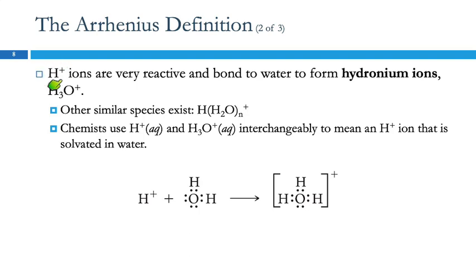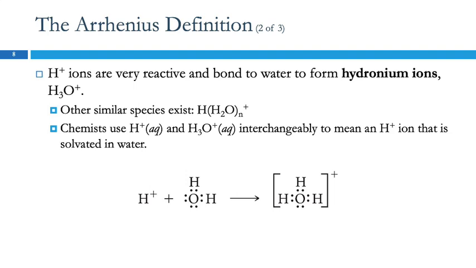So these hydrogen ions, these protons, are not very stable. They're very reactive, and they will bond to water to form hydronium ions. So this is the formula for the hydronium ion. And there are other species that exist, but we just need to know that those could exist.